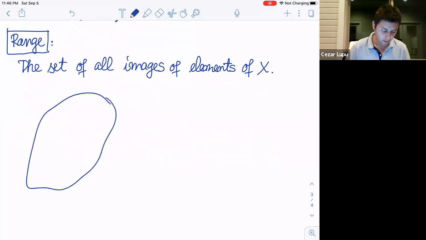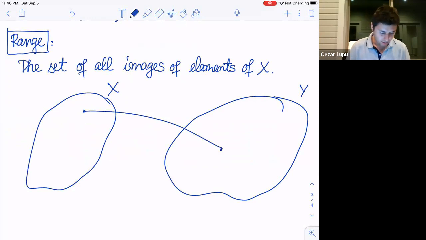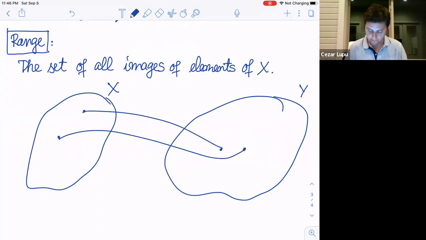Let's just take here one set, and let me take here another one. All right, great. This will be x, this will be y, and we have a function from x to y. I'm going to take elements from here and put them somewhere in here. Let me take another element and put it somewhere here.